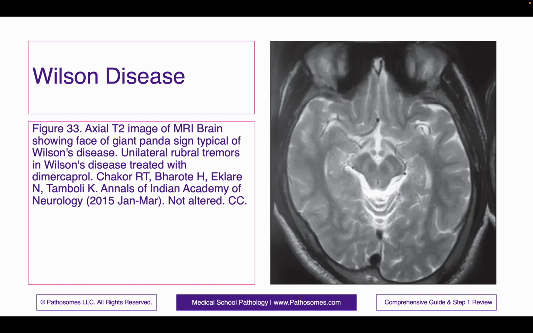And here we have real life MRI brain imaging from a panda showing the typical signs of Wilson's disease. Just kidding, it's not from a panda. That's to help you remember that if you hear giant panda sign, think Wilson's disease.